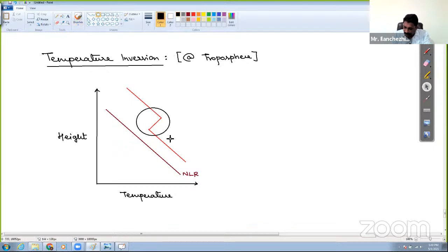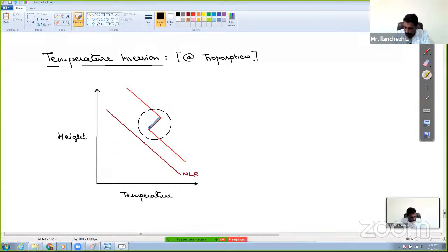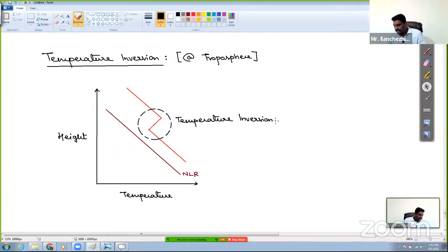Look very carefully at this particular line, my friend. With increasing height, temperature also increases. This condition we call temperature inversion, my friend.